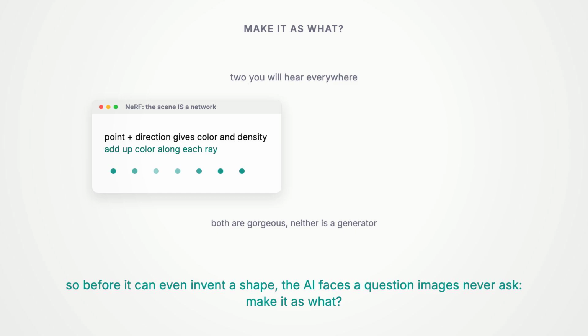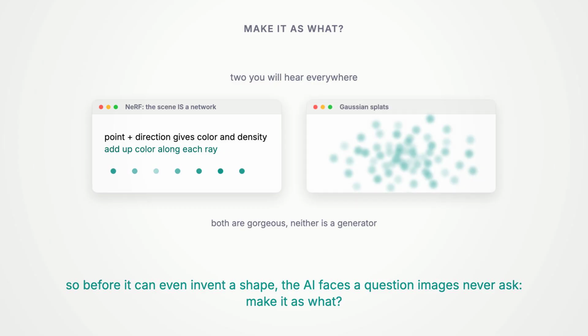The other is the newest favorite, a cloud of millions of soft, fuzzy blobs called Gaussian splats, gorgeous and fast, painful to edit, and the thing under a lot of the photoreal scene capture you have seen lately. But here is the part you must not miss, because it is the single most common confusion in all of 3D. A NeRF and a splat cloud are not generators.